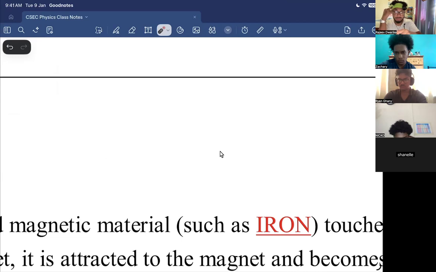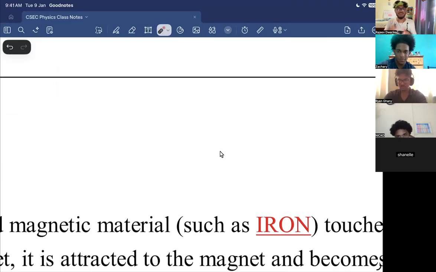And you're probably wondering, what is the purpose of the iron nail? Nikolai, I want you to compare air to iron. Which one do you think would channel the magnetic field more, air or iron? Iron, exactly, Zachary. You know about Harry Potter, the wizard thing.